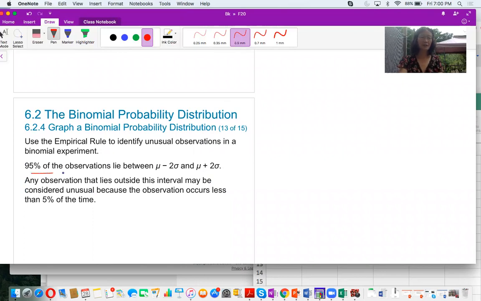So 95% of the observations will be between mu minus 2 sigma and mu plus 2 sigma. Mu is the population mean, sigma the population standard deviation. Any observation that lies outside this interval will be considered unusual because the observation occurs less than 5% of the time.